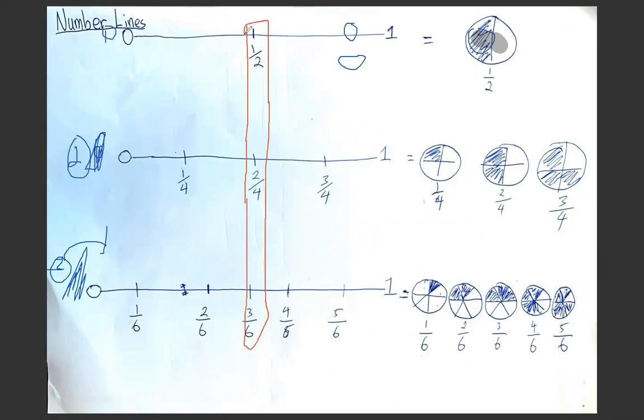These 3 are equivalent, because look, here, here, and here are the same size, so they're all the same. 0.5, half, are equivalent.